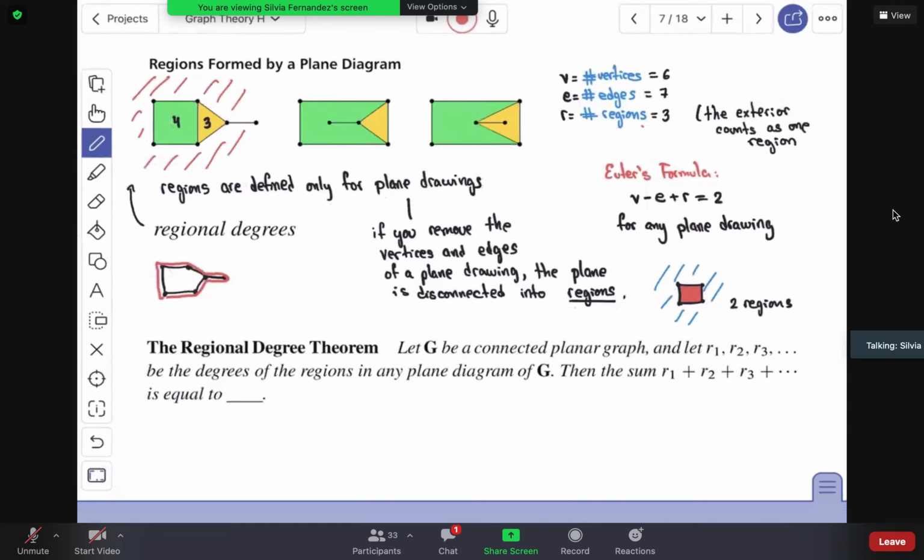You see what I did is count how many walls you had to walk along. And this wall, you have to go on this side first and then on the other side. So this one actually counts as 2. So 1, 2, 3, 4, 5, 6, 7. Yeah. So this one has regional degree 7. Make sense?